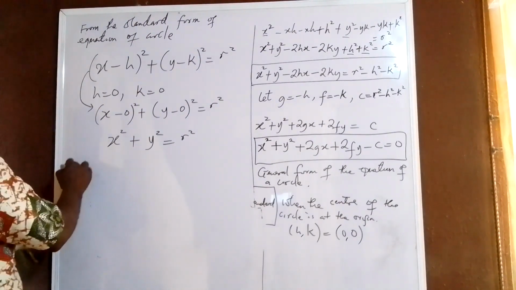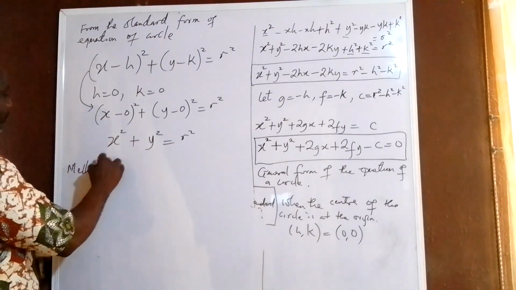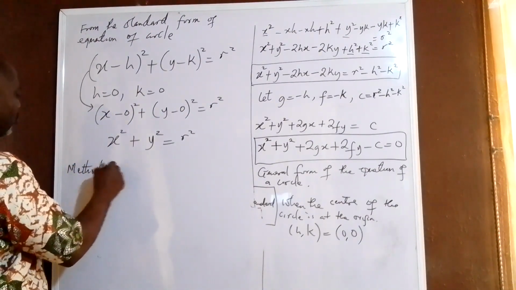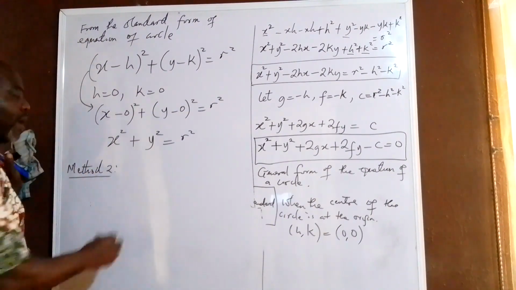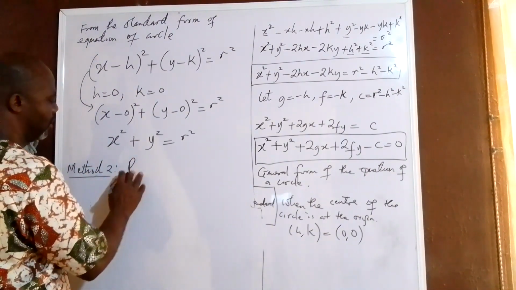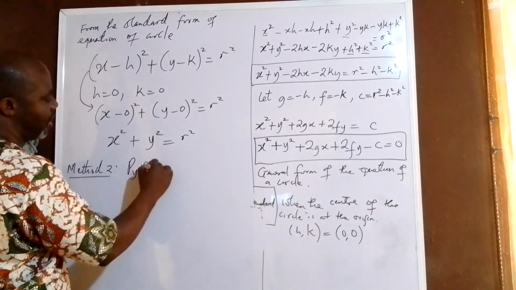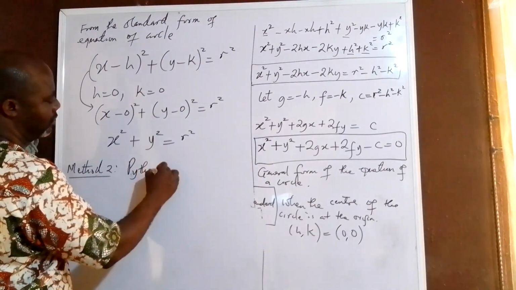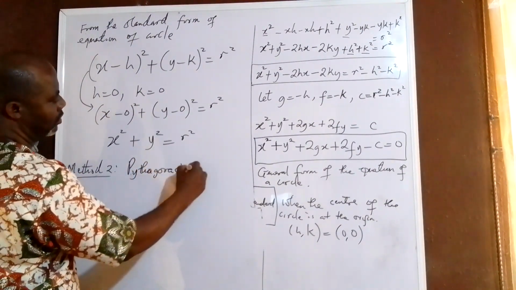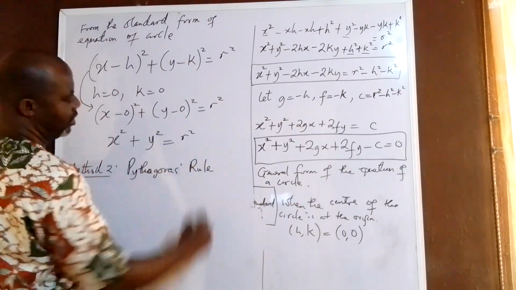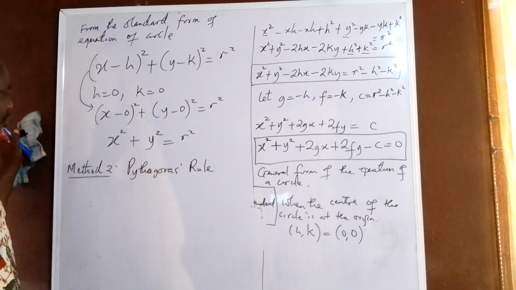The second method, which is method 2, is that we use the Pythagoras rule or theorem.